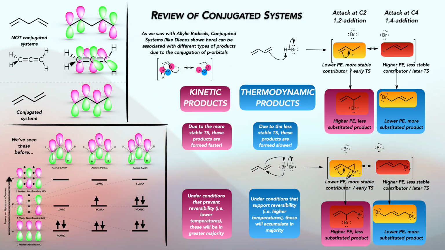When p orbitals conjugate, electrons are delocalized. Their energies split, and new symmetry emerges. This is why conjugated systems can give multiple products, such as 1,2 or 1,4 addition. But at this stage, the system is still open. There is no requirement that the wave function reconnect to itself.